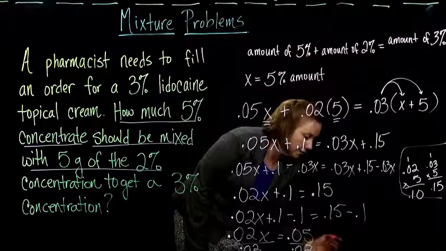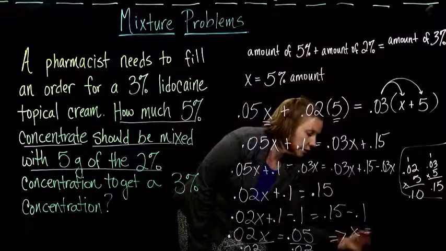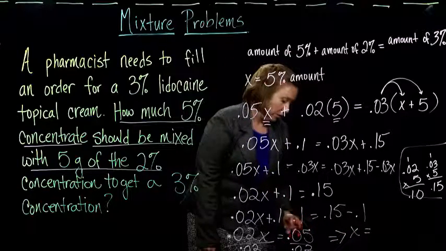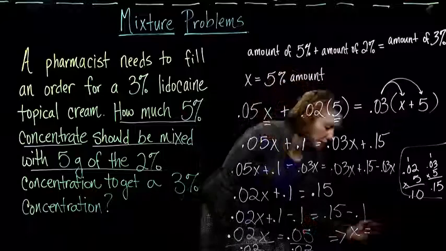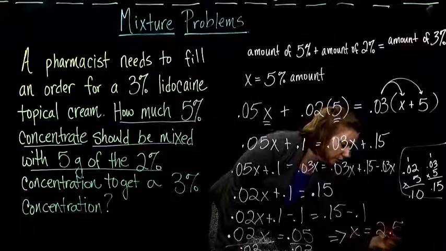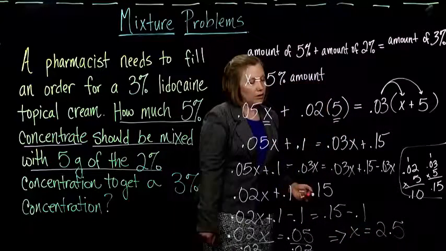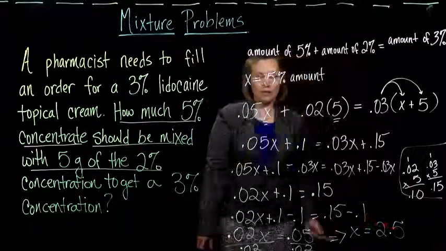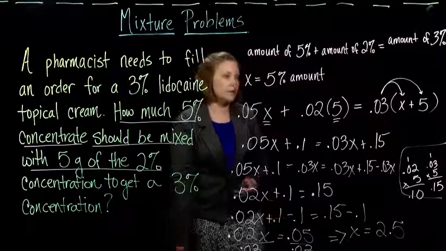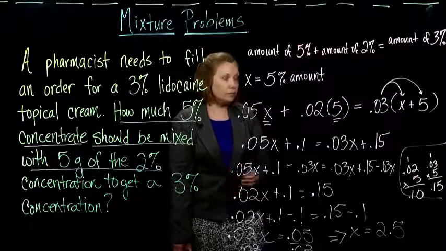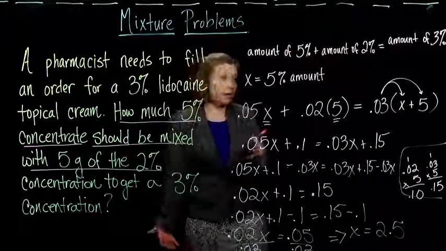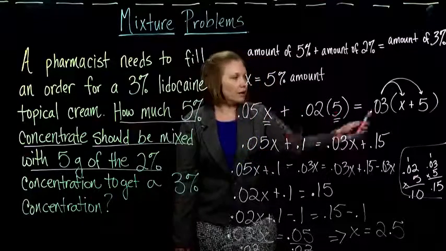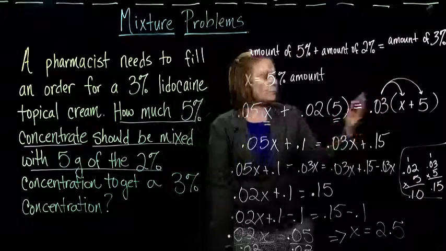So then we have x equals, we have to do this division, 2.5. So we need 2.5 grams of the 5% lidocaine cream to be able to mix with 5 grams of the 2% cream to get our 3% cream.